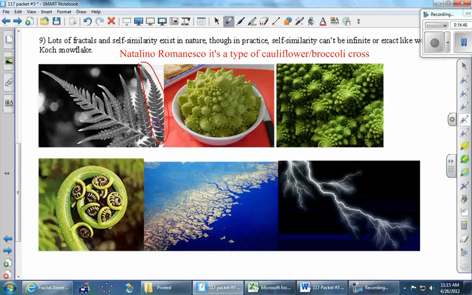Same kind of thing is true about this crazy shape in the middle here, this green thing. Has anybody ever seen that thing before? Yeah, it's a vegetable actually. It is called the Romanesco. It is edible. It tastes like some combination of cauliflower and broccoli. Really wild, but there it is. And if you zoom in, what does it look like?